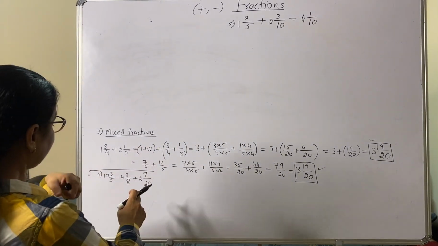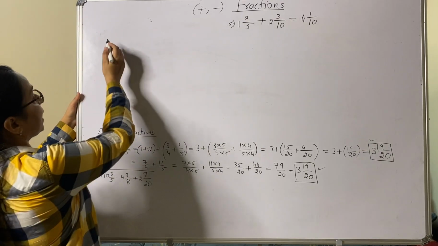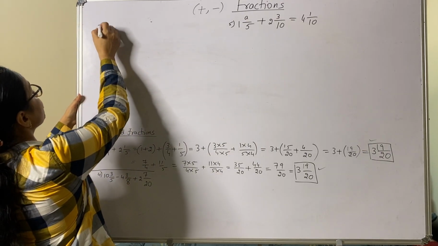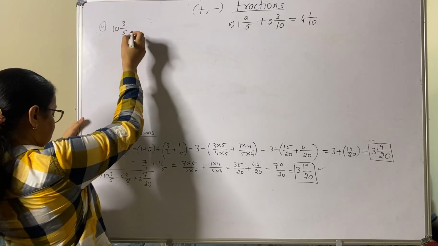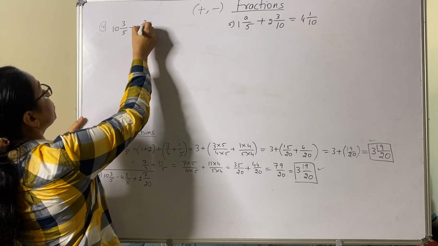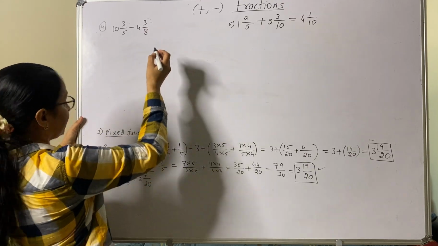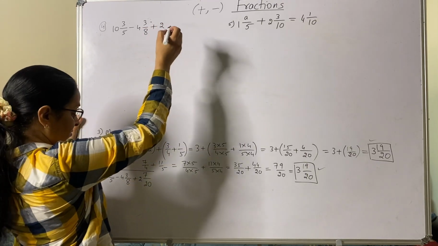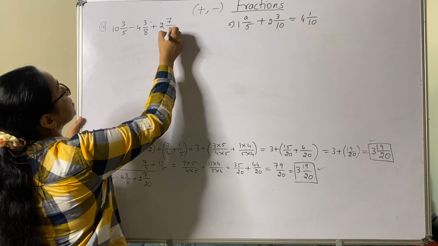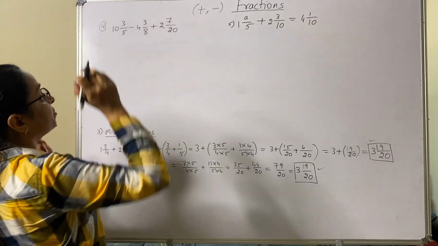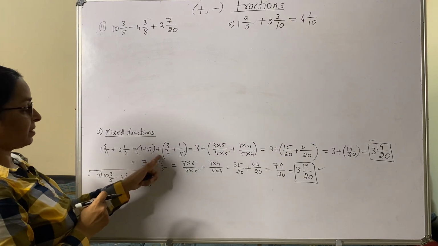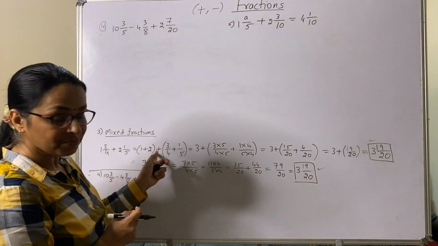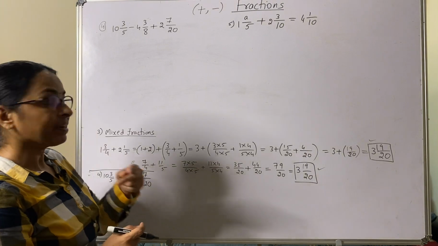So here I will be writing this number 4 problem up and trying to show you. It's 10 3 by 5 minus 4 3 by 8 plus 2 7 on 20. Right? I will be first doing the method where I write the whole numbers first and then add the fraction part.